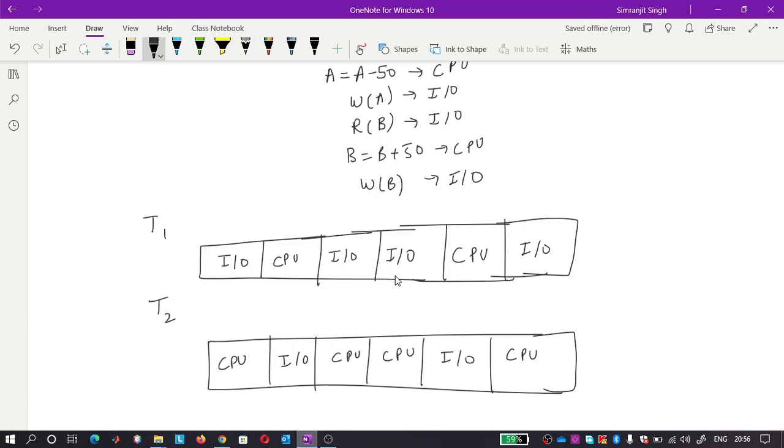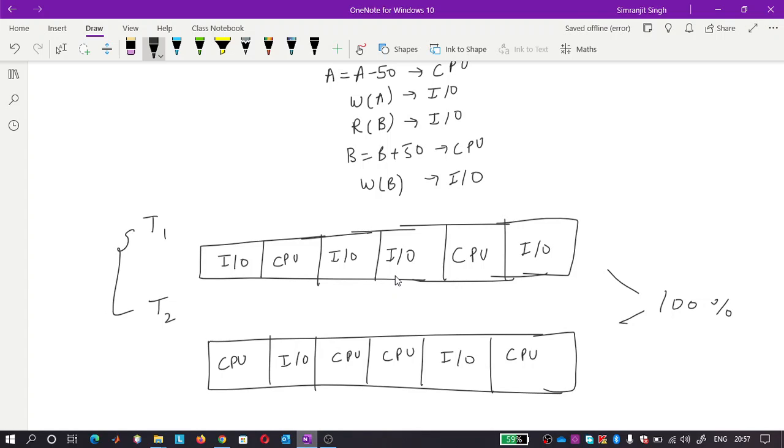But I'm just giving you an example that if you're able to find such transactions, the utilization will reach 100%. CPU utilization as well as IO utilization reaches towards 100%, and that is very, very high. It means that you have to perform two transactions at once.